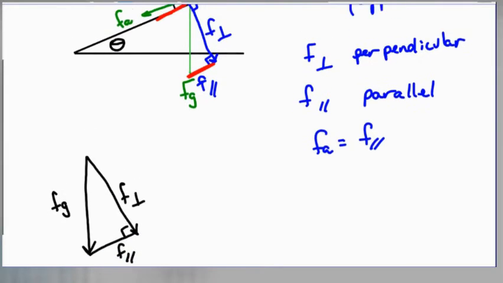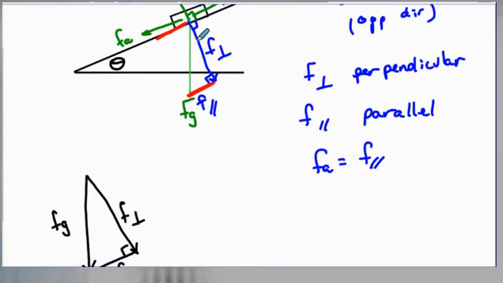The only thing missing is the angle, and that's the secret to this whole problem. This angle here is the same as this angle of the ramp. And once we have that, we now have our complete free body diagram, and we can solve many, many different equations.